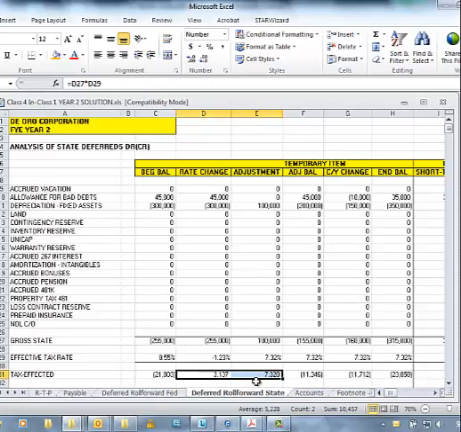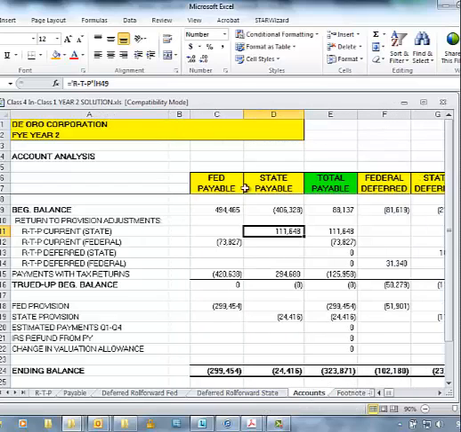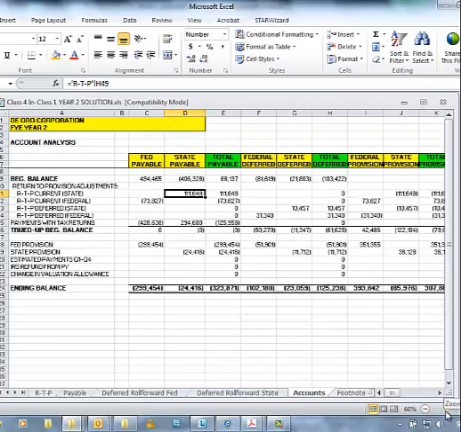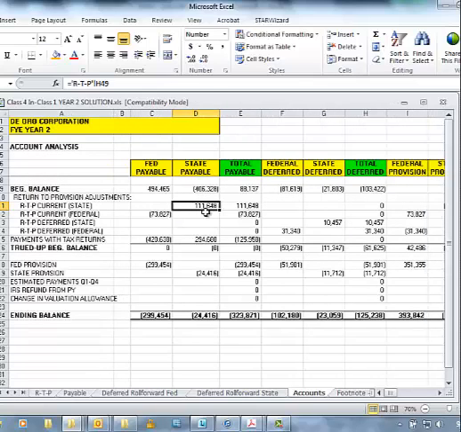So if I went to my accounts, I start with my beginning balance. I debit my payable 111.